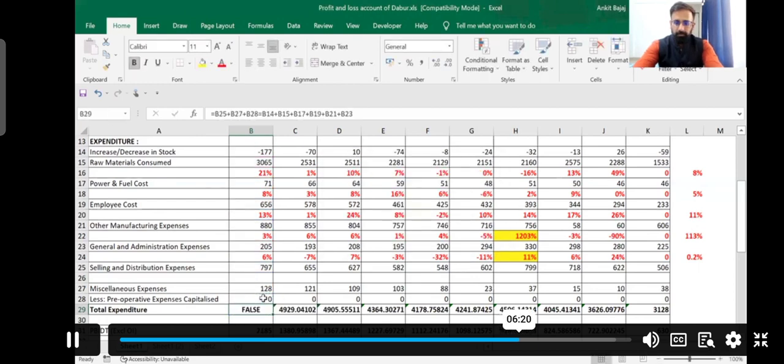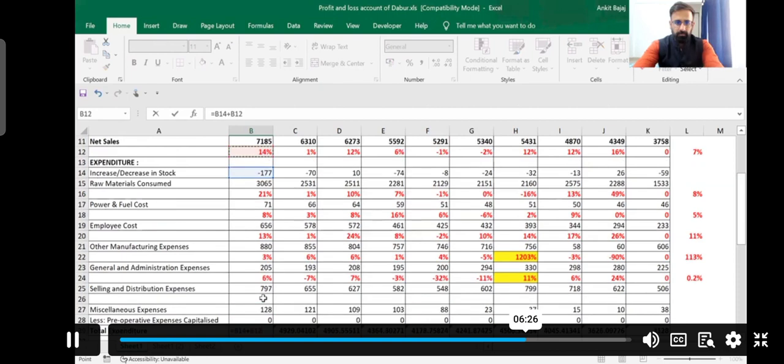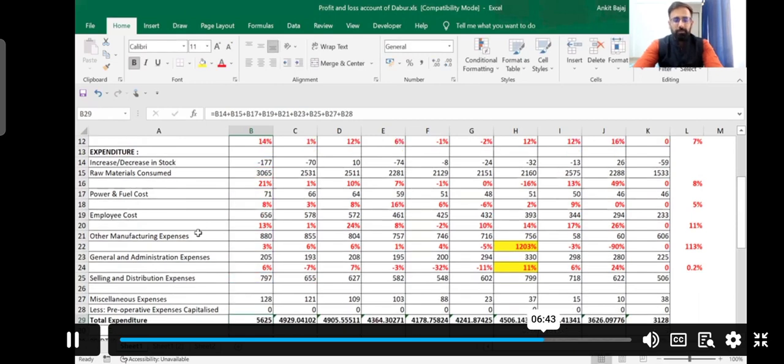What happened? Just a moment. Okay, so if you see here, I have removed the effect of these percentages.